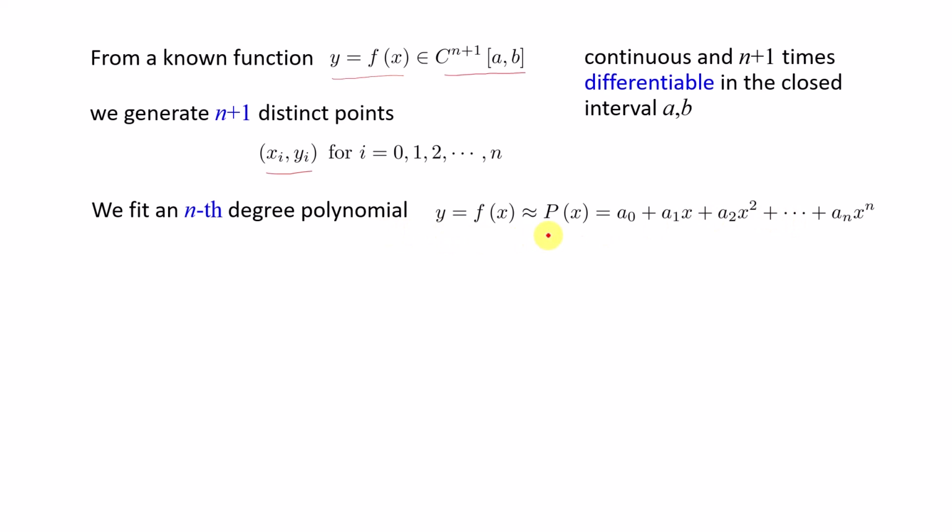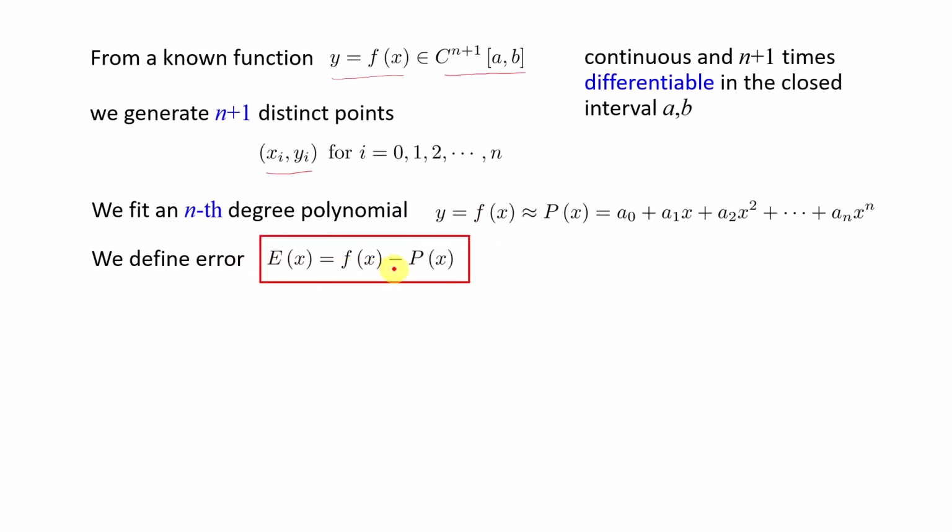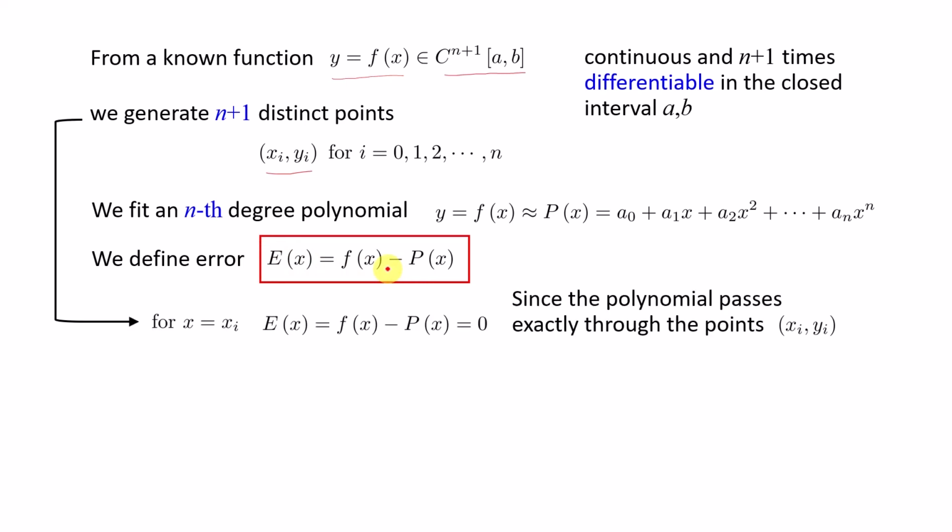Now that I have this polynomial, I can safely say that this polynomial is an approximation of y equals f(x). It will match exactly at the points (xi, yi), but at other points it will not match. We are now ready to define an interpolation error, that is e(x), which is given by f(x) minus p(x).